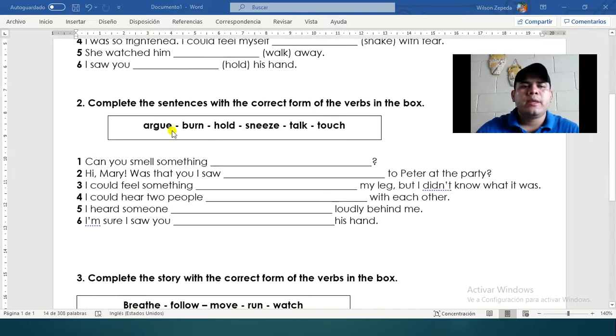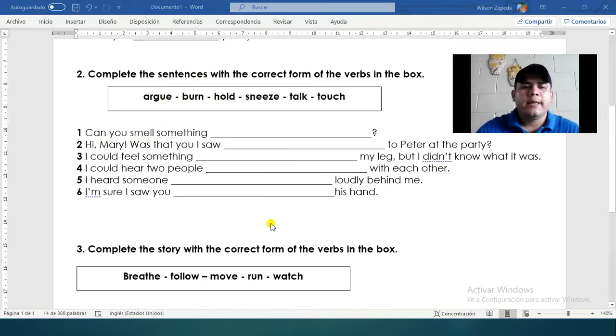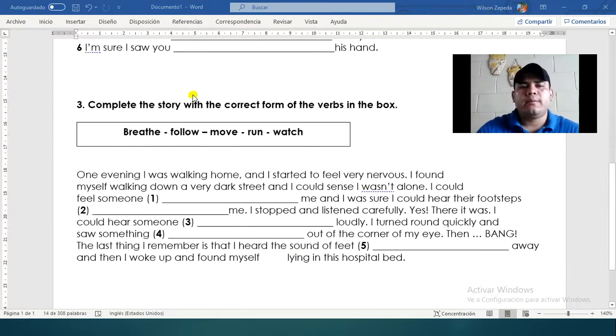In part number 2, you are going to put the words in the correct place. Can you smell something? And then you are going to use, for example, burning. Can you smell something burning? And then finally, you are going to complete this story with the correct word from the box. One more time, these words must be with ing. So this is the practice, people.